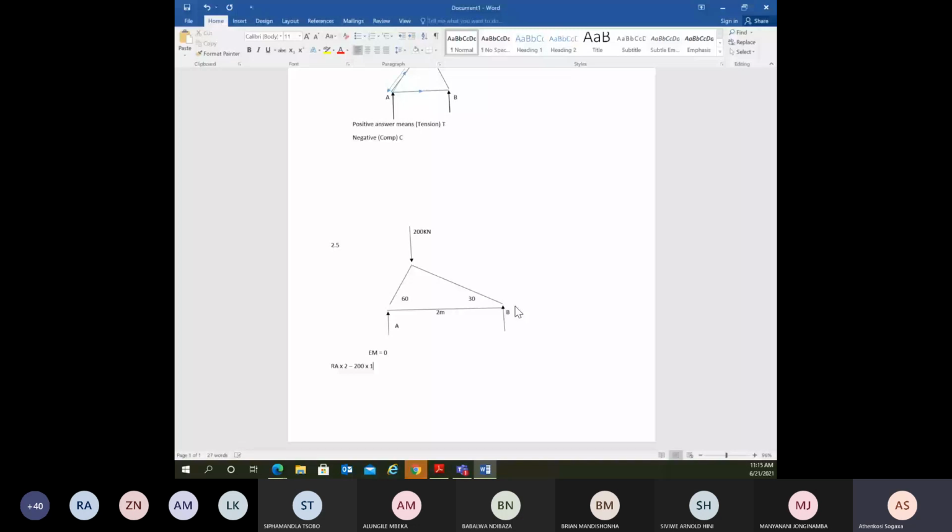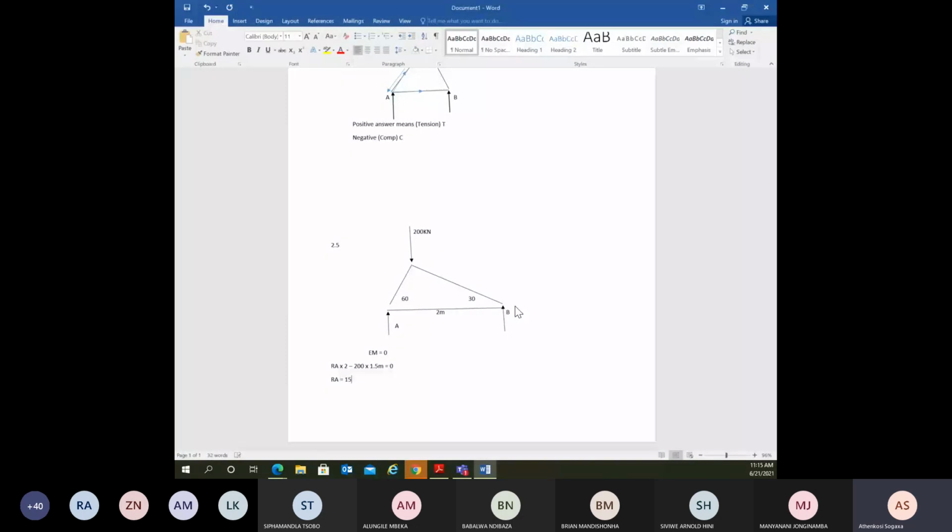Then you calculate RA: 200 times 1.5 divided by 2. Therefore, reaction A will be 150.